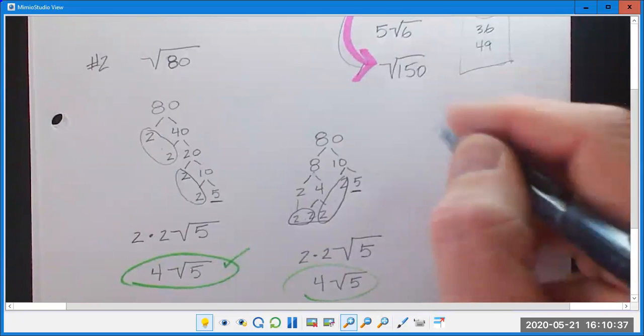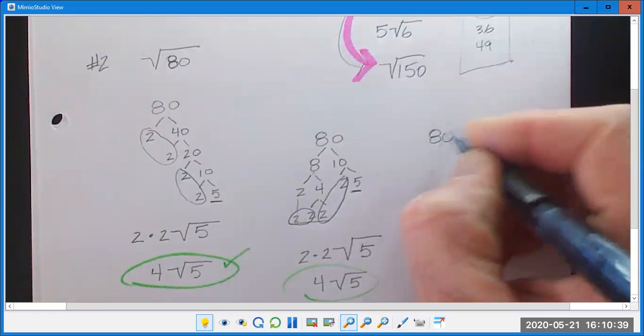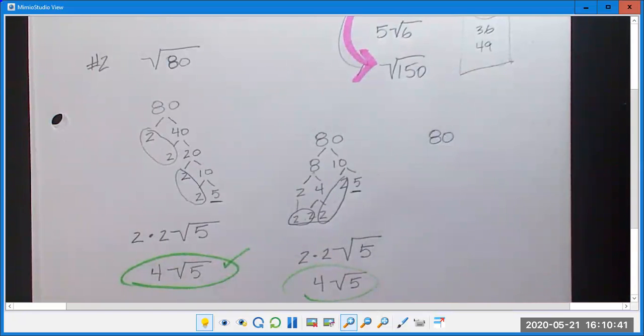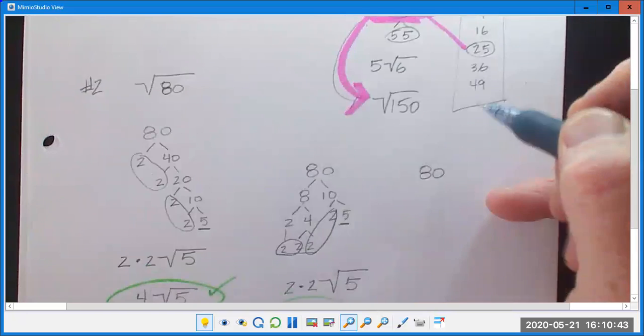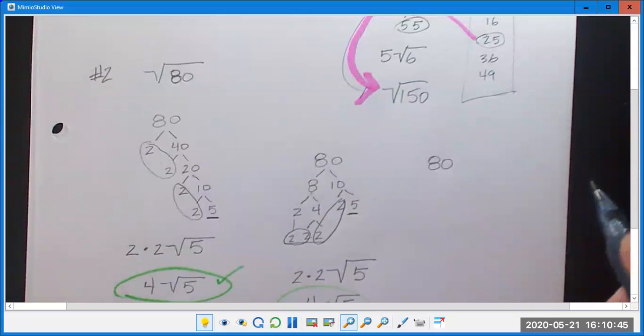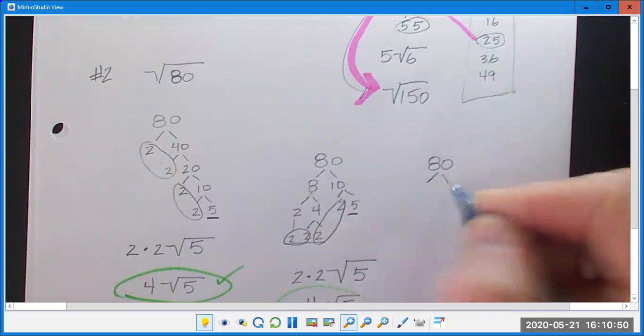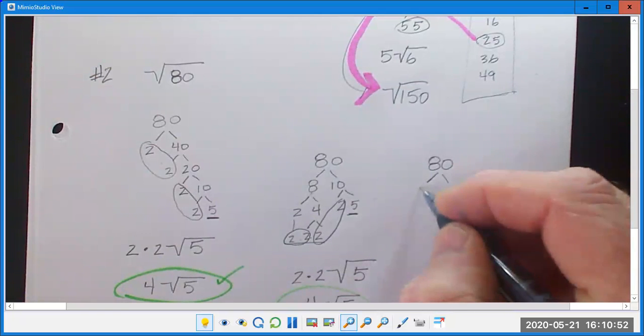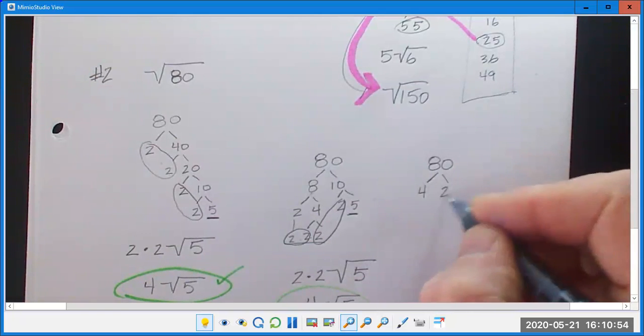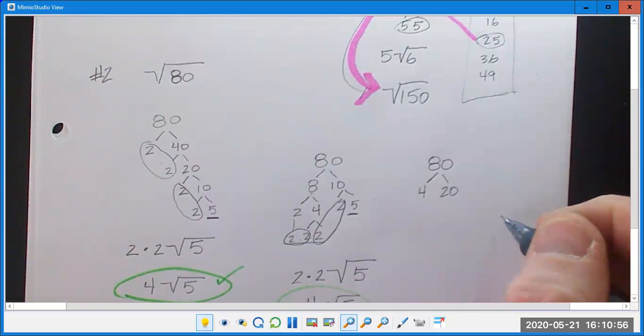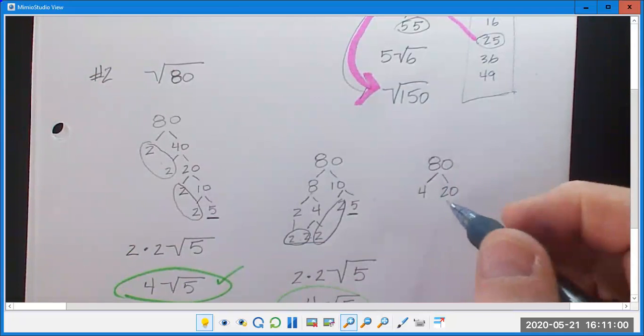Let's take a look at one final example for this one. Let's say I had 80 and I wanted to do what I was talking about in my beginning example, where I'm looking for a perfect square. Okay. Well, if I were looking for a perfect square, I can go right to 4 times 20. Okay.